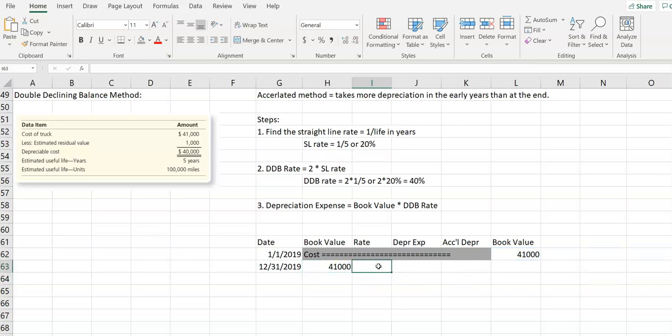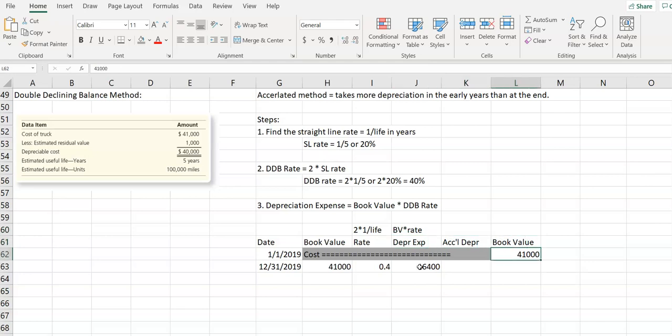The rate is 1 over 5 times 2. So it's 2 times 1 divided by life. Then multiply it out. Depreciation expense is book value times the rate.